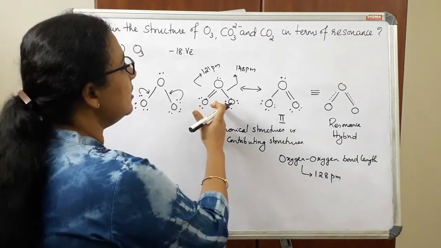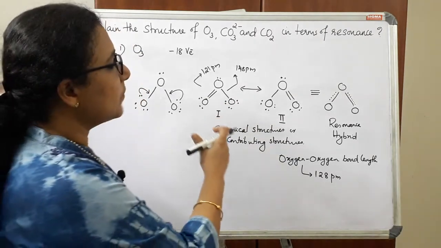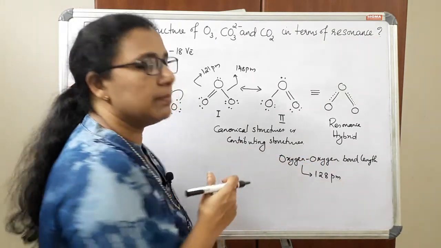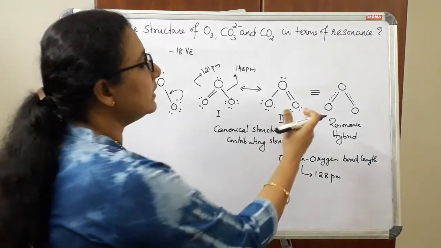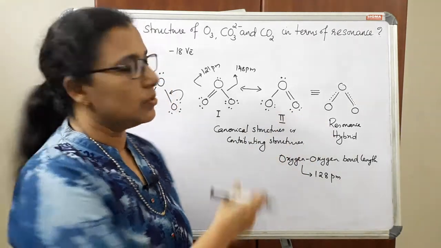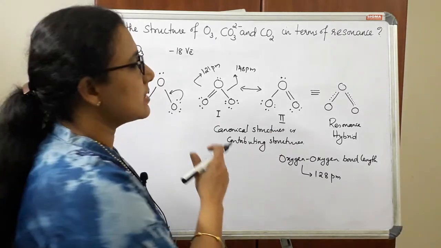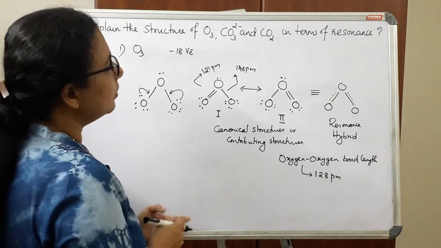So a single Lewis structure will not explain that observation. That observation can be described on the basis of resonance. So the concept of resonance can be used to explain the structure of the ozone molecule. So that is about the ozone molecule.